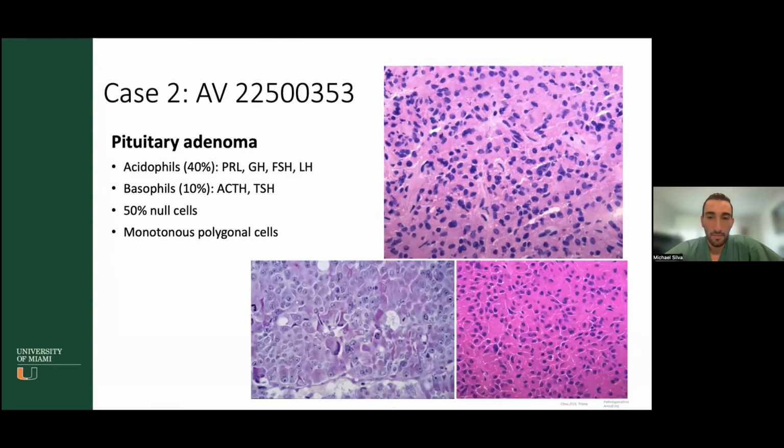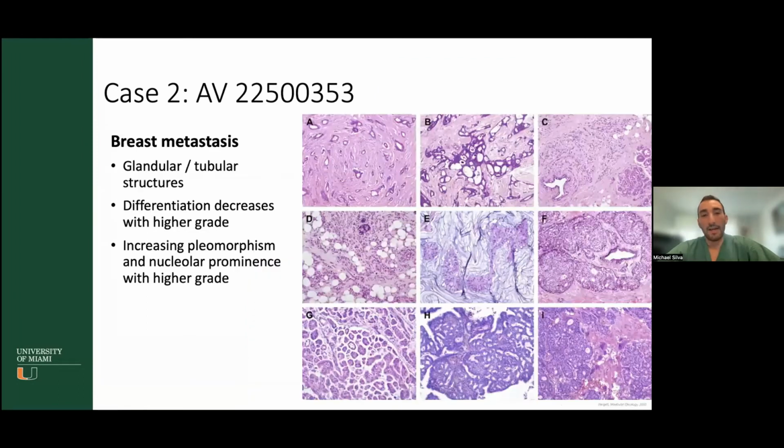So this case is unique in that it was a metastasis within an adenoma. And to discuss breast metastases specifically, typically you see glandular and tubular structures. These weren't seen in this case necessarily. It was more the markers that identified it, but just something to keep in mind in case it appears on the boards.